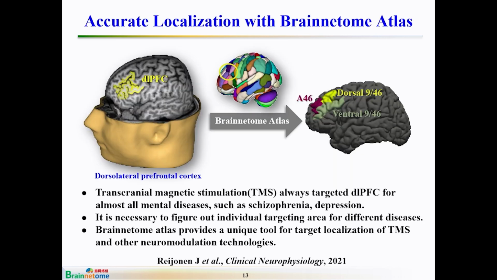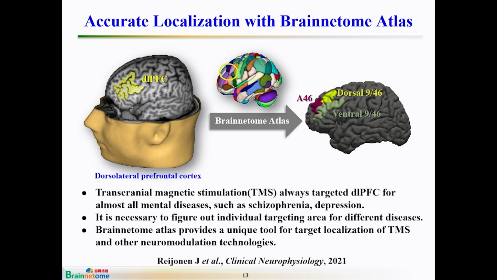First, here I just show you an example. For TMS, we always just stimulate the dorsolateral prefrontal cortex for different diseases, for example depression, schizophrenia, even Alzheimer's disease, always the same region. But this is a little bit ridiculous.